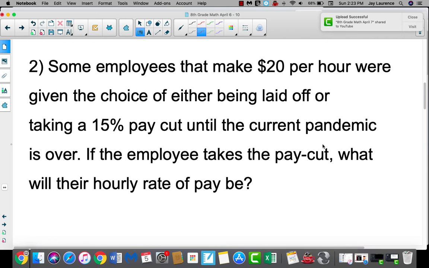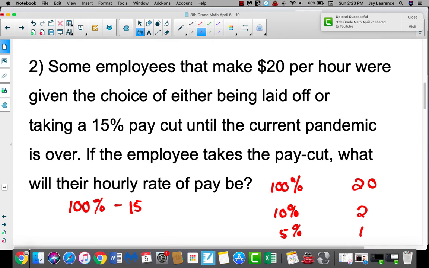All right, so let's see here. So I know that 100% is $20, right? Okay, 10% of that would be 2. 5% would be 1, right? So I'm going to take the 100% and subtract the 15%, leaving me with 85%.